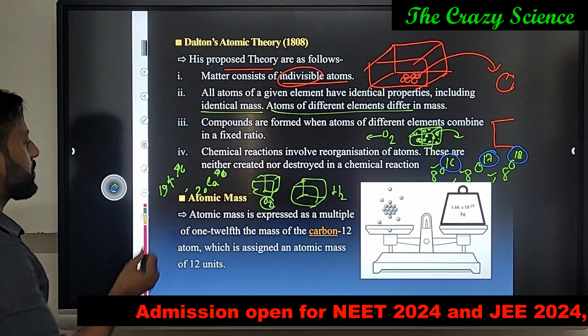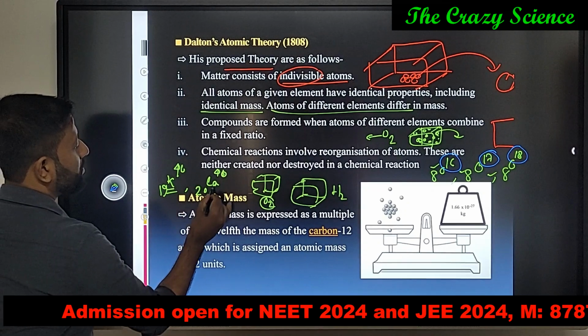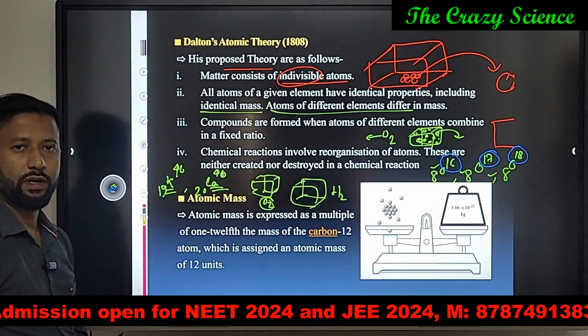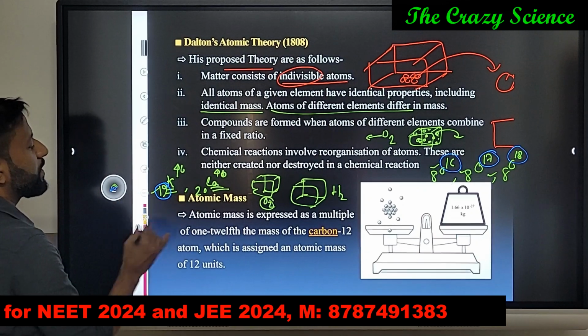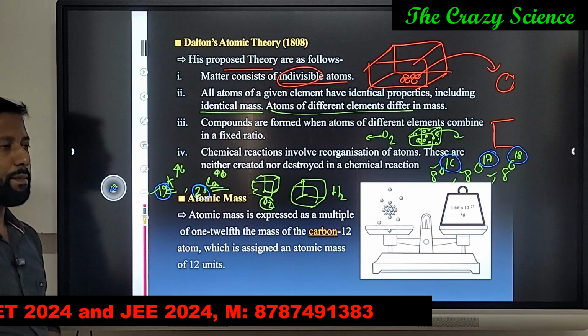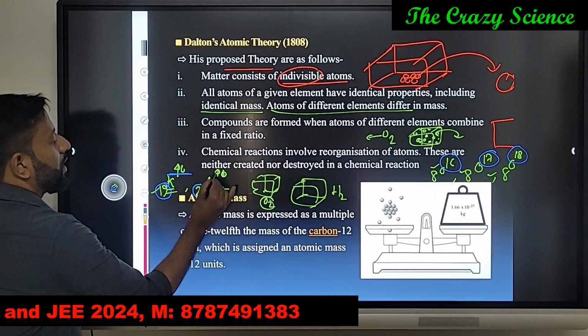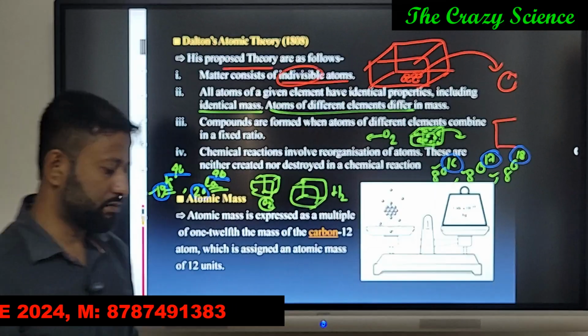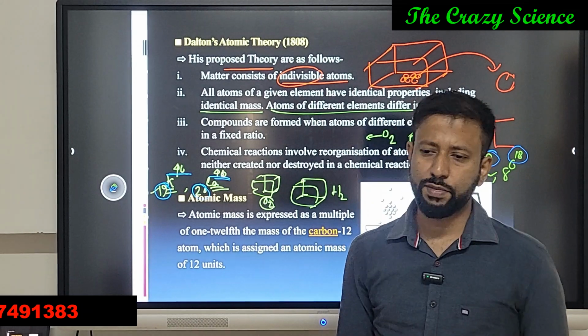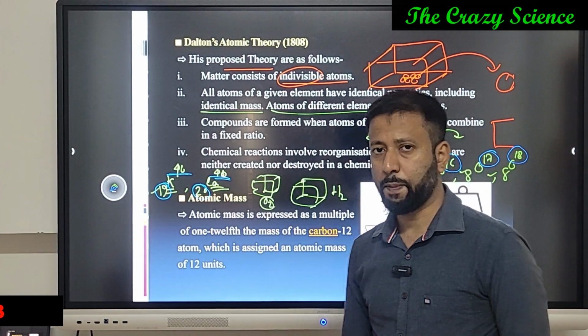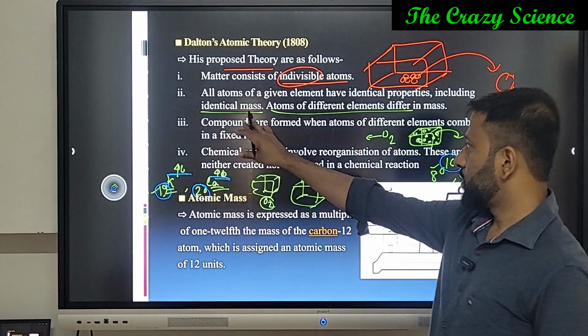So this one is potassium and this one is calcium. Their atomic numbers are different, one is 19 and the other is 20, but their atomic mass is the same. So what Dalton says, that different elements will have different atomic mass, this is also wrong. Okay, next statement.